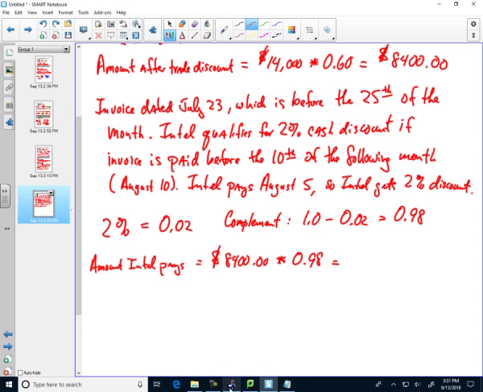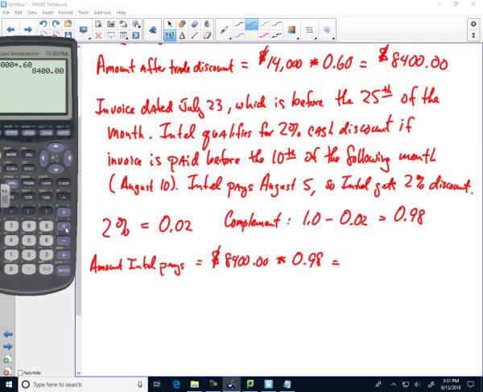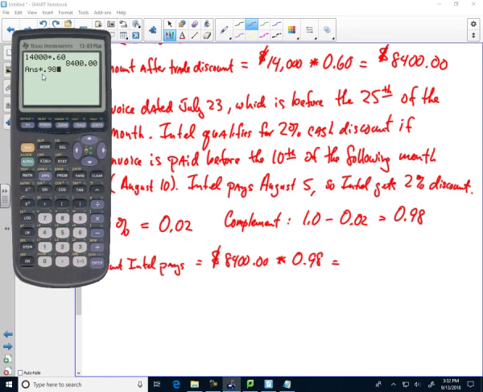And notice with this calculator all I had to do is hit the multiplication and it brings down the 8,400. $8,232.